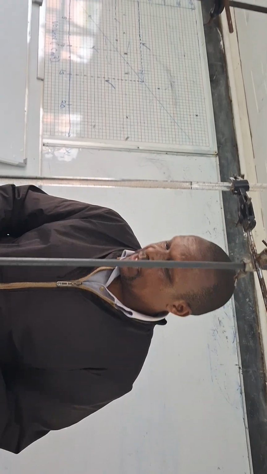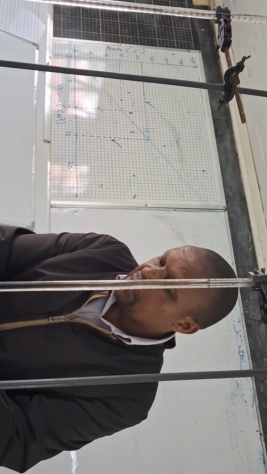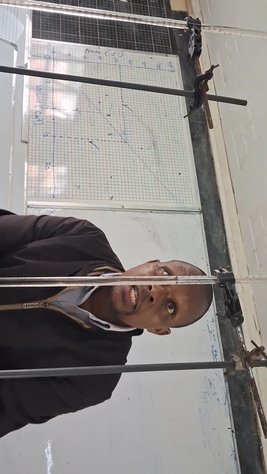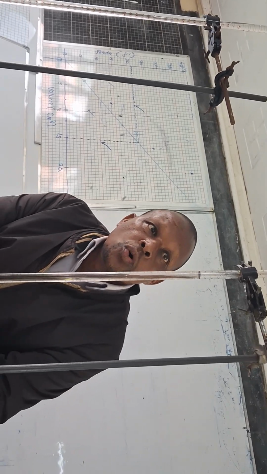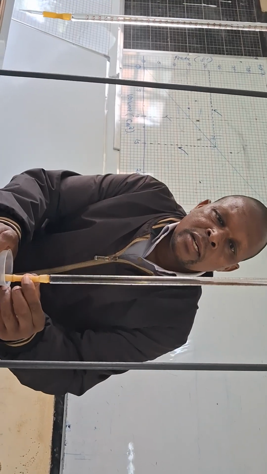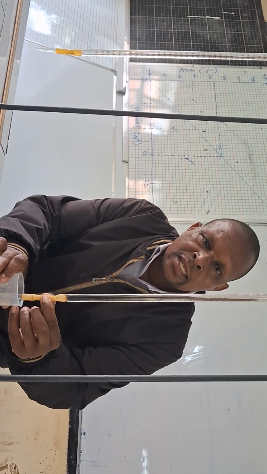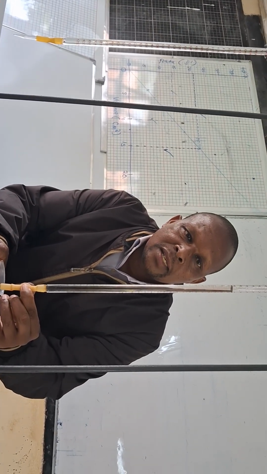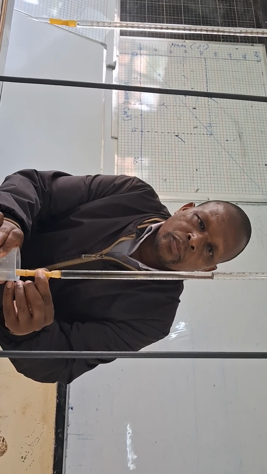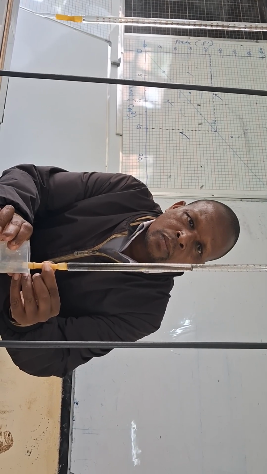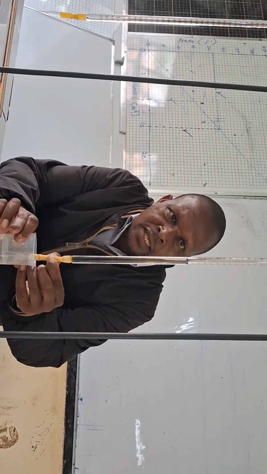For the next experiment, we are going to measure 16 cubic centimeters of hydrochloric acid, which is this one. So we have 20, we add 16, we stop at 36. So we drop it like this. Almost 36.